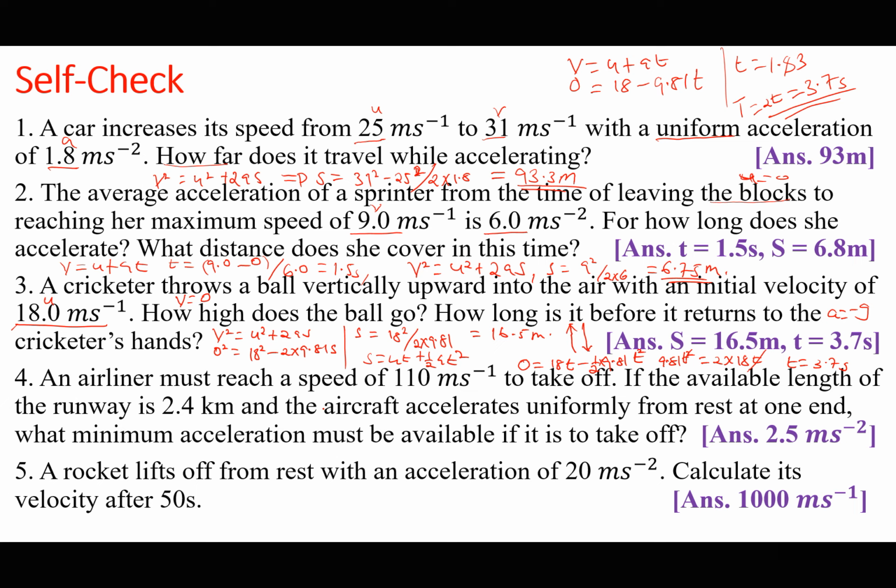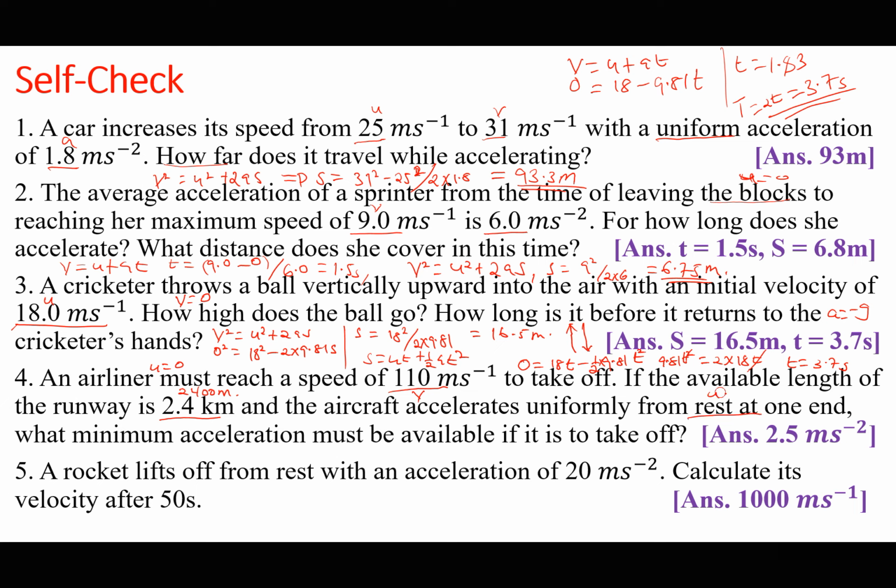An airliner must reach a speed of 110 meters per second to take off. That means initial velocity u is 0 and v should be 110. If the available length of the runway is 2.4 kilometers, you have to multiply by 1,000. This is 2,400 meters. And the aircraft accelerates uniformly from rest.